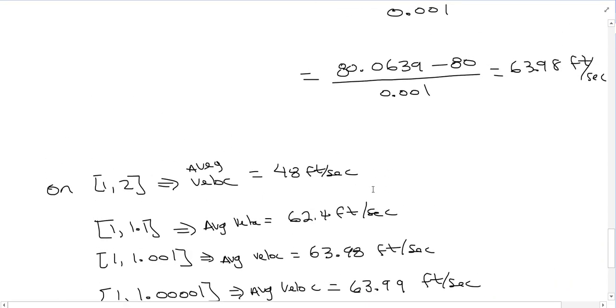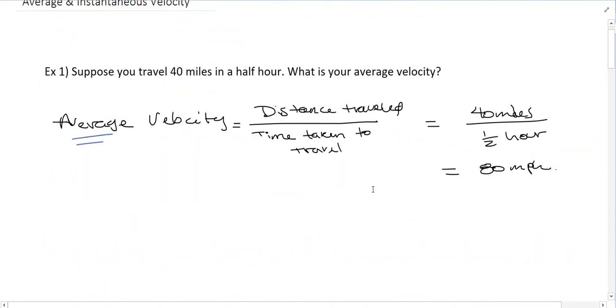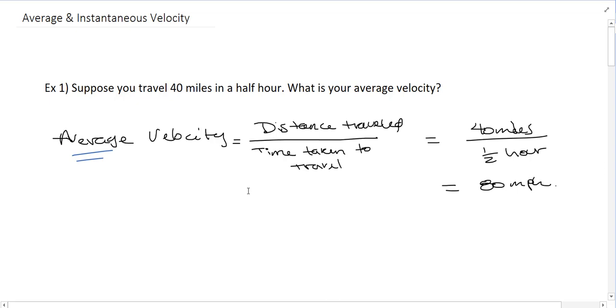Right, so back on that first problem when I asked you about your average velocity if you drove 40 miles in half an hour, one of the things I said is you weren't always going 80 miles per hour, right? Your speed changed. So think about an officer giving tickets on the highway. Right when they clock your speed, that is instantaneous velocity.